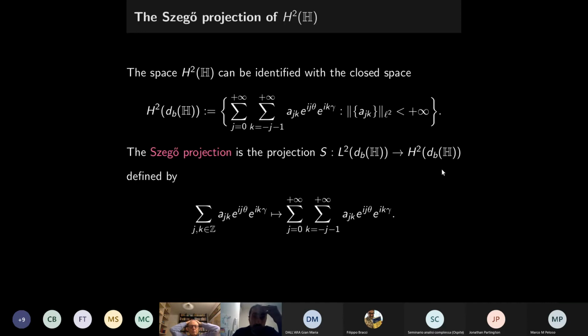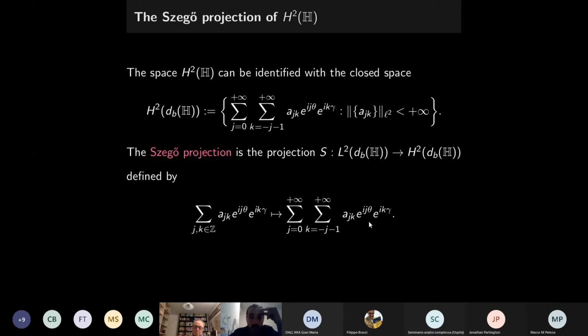The Szegő projection is the projection from the L2 space on the two-dimensional torus, which can be identified with this distinguished boundary, onto our space H2, and it's simply defined like this. We also have an integral representation in terms of the reproducing kernel of our Hardy space, but I did not include the formula here.